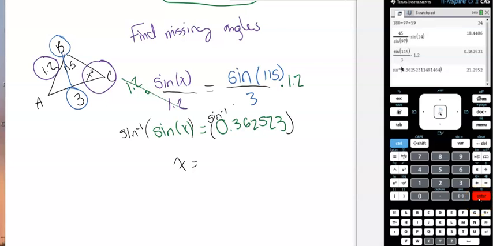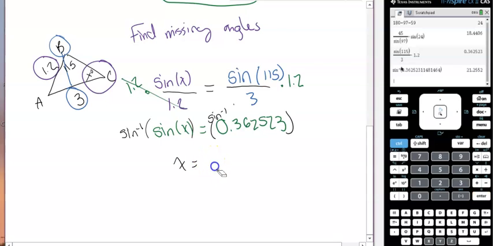So I click enter, and I got 21.255. Let's round to the tenths place here. Again, depending on the question, you'll need to read carefully and see what place you have to round to. 21.3. And anytime you're using inverse, that means you just found an angle. So it's 21.3 degrees. So there is my answer.